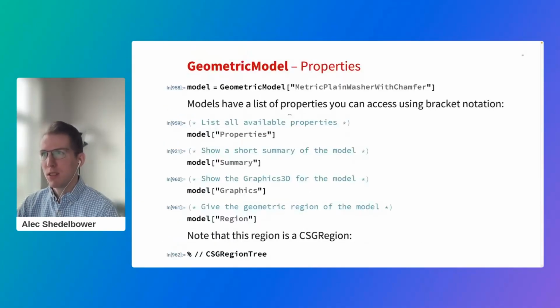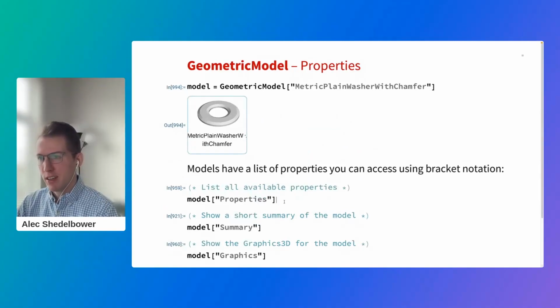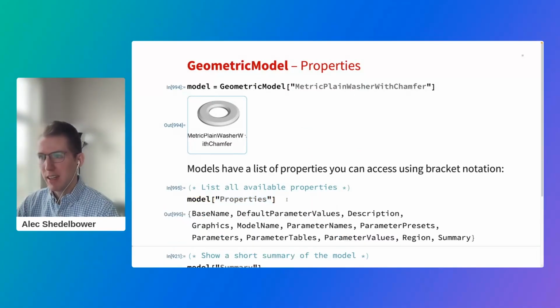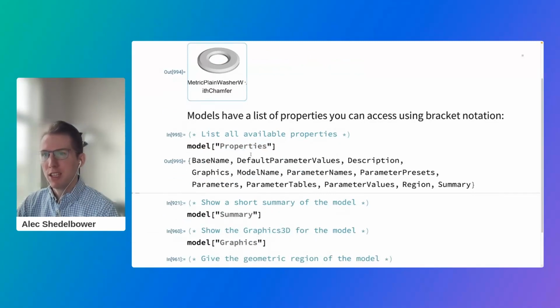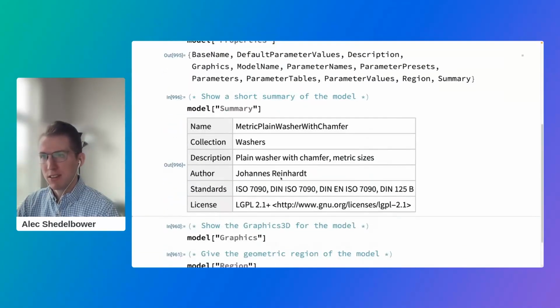All right, so once we have our model, for example this washer here, we can then look at its properties. We can just use this bracket notation with the property string inside and evaluate that to get the properties. This one just returns all the available properties on the current model. We can see things like the summary, which gives us some basic info, a description, what standards it supports, and so on.